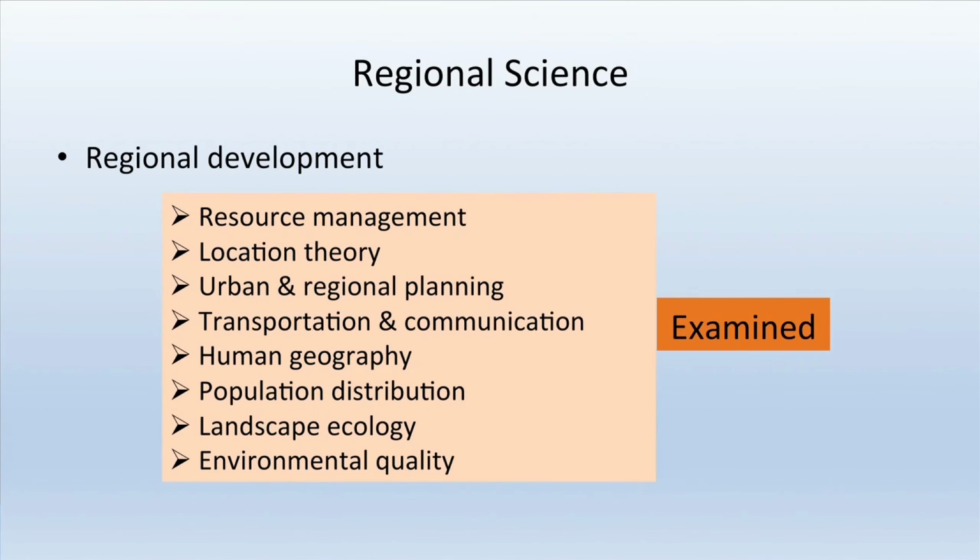So, in regional development, we study resource management, location theory, urban and regional planning, transportation and communication, human geography, population distribution, landscape ecology and environmental quality. All these things are examined with the help of regional science. So, one might think that any one technique is used, but that is not the case.